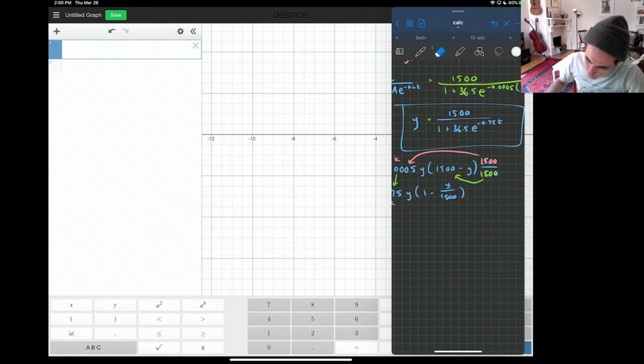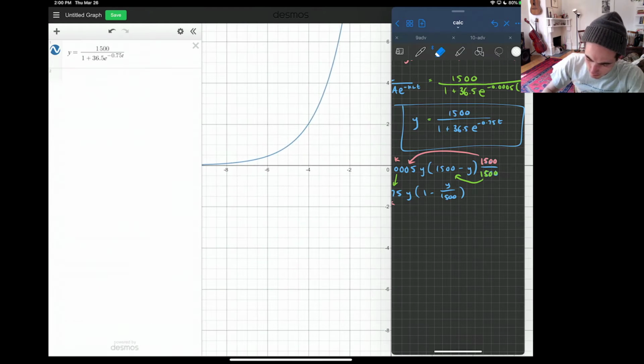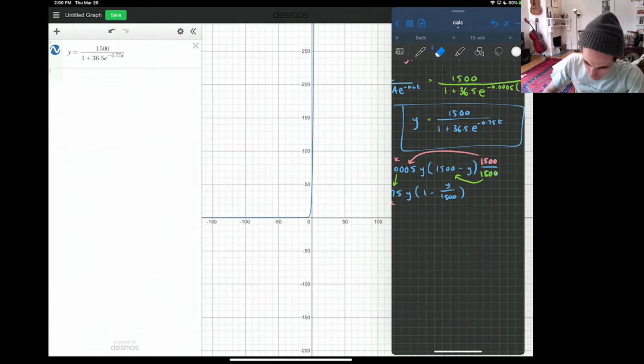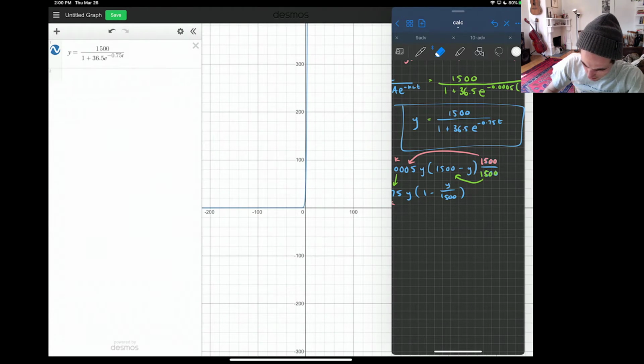Okay, so we are going to graph, well, let's actually graph both of them just so we can see what we have going on. So I've got y is equal to 1500 over 1 plus 36.5 times e to the power of negative 0.75 t, or I guess we can use t, why not? So that's weird.